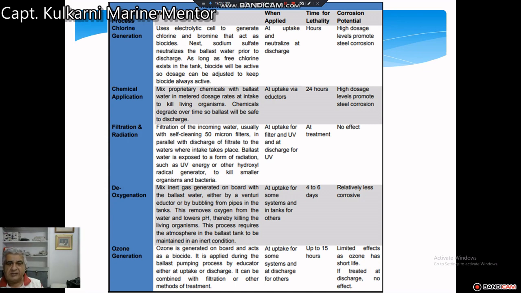Then oxygenation, mixed inert gas generation on board, ozone generation on board, and acts as a biocide. Then we require neutralization in case we are putting in ozone or chlorine. So these are the 5 processes which are presently more relevant. There is new research continuously going on. They may come up with something new which will be added, but presently we have these 5 processes.